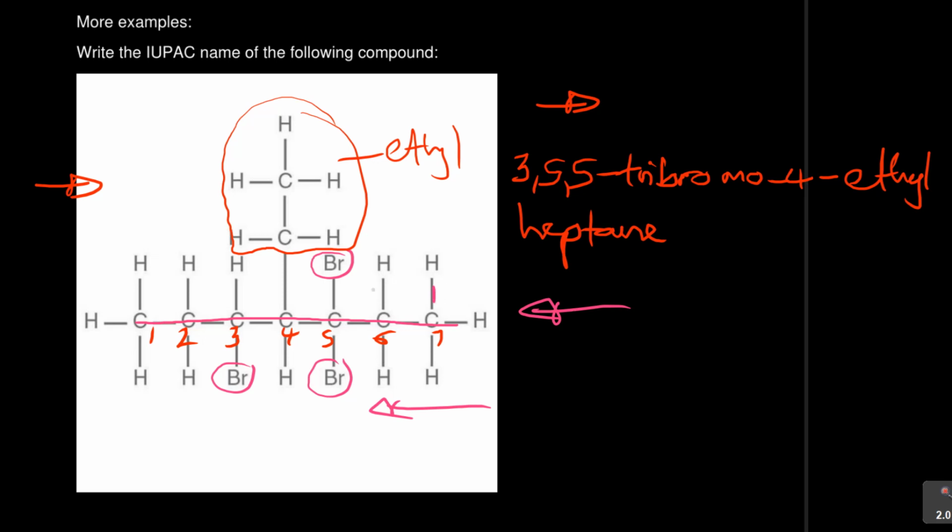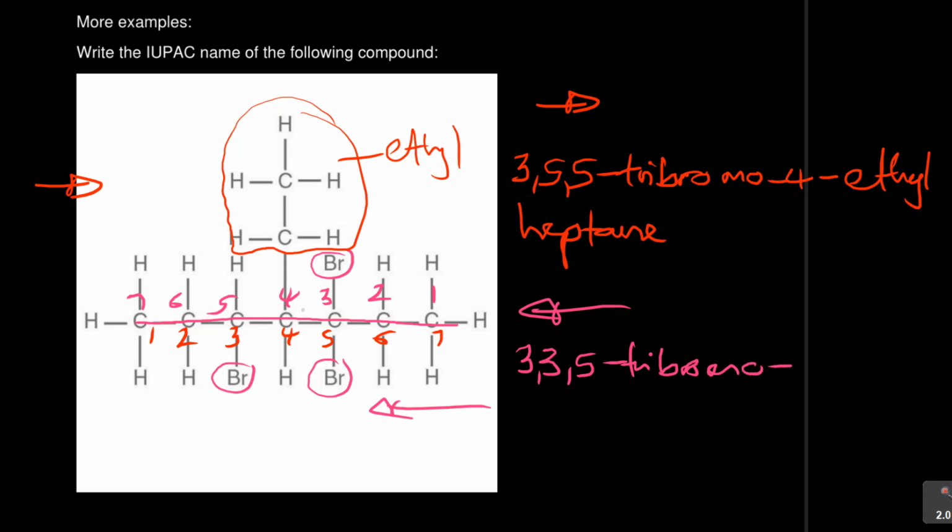So it's 1, 2, 3, 4, 5, 6, 7. Let's do it in carbon number 3. So it's 3,3, and then 5, right? Tribromo, and then hyphen.